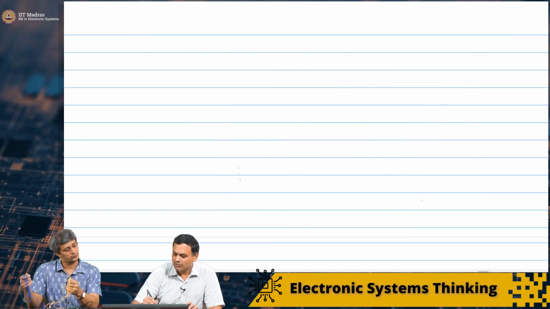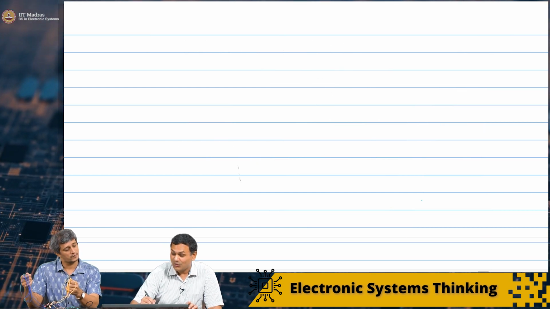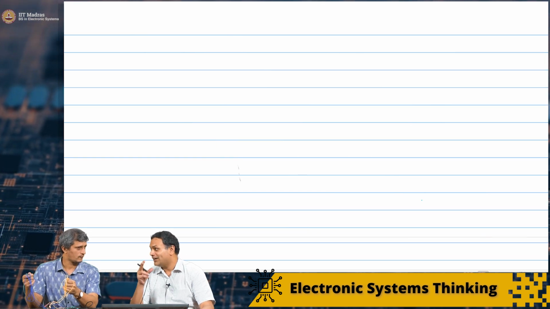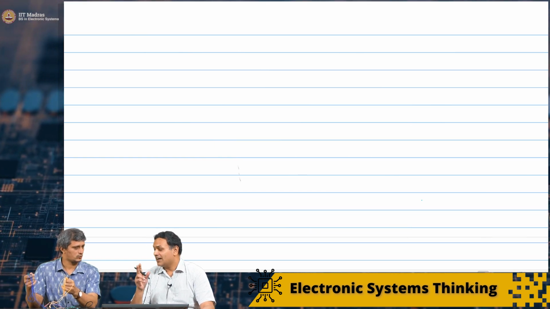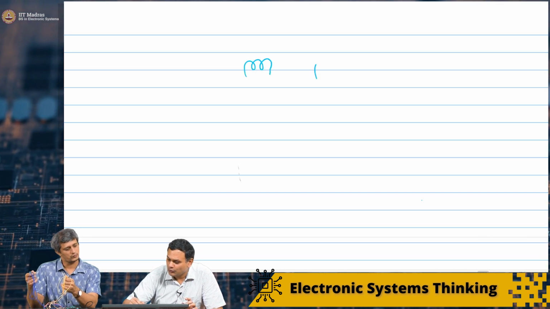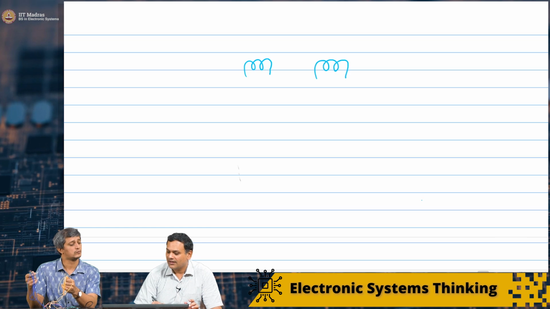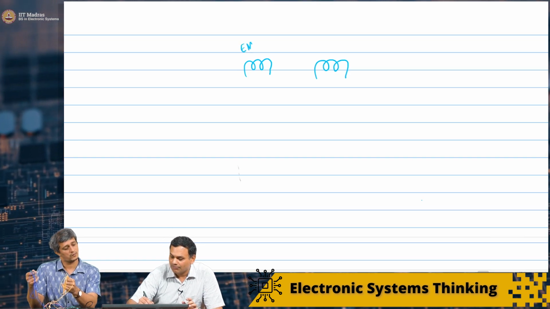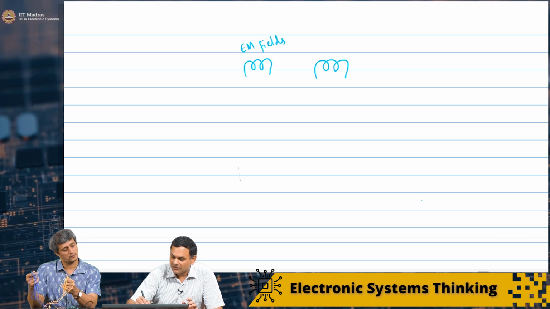They still don't know what inductive is. We have talked about mutual inductance in one lecture. But we will basically tell them that if you have two inductors, you have EM fields associated with them.